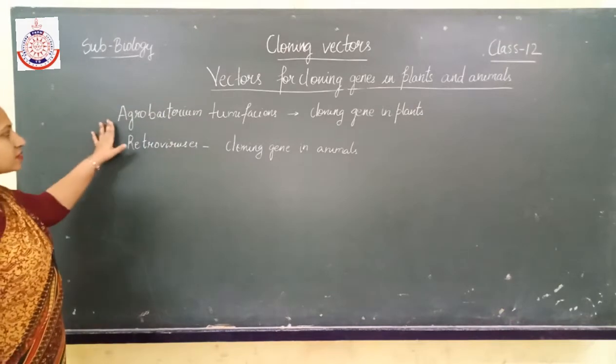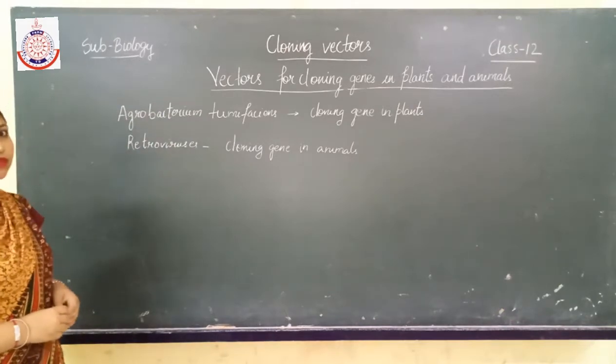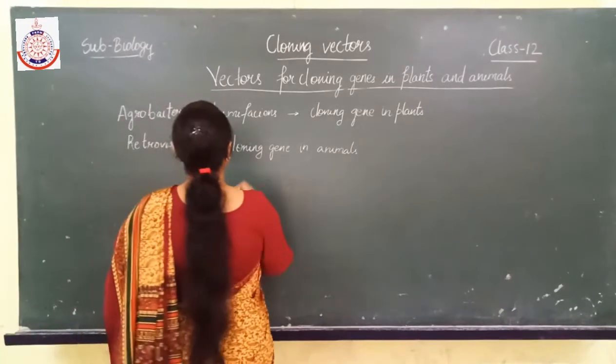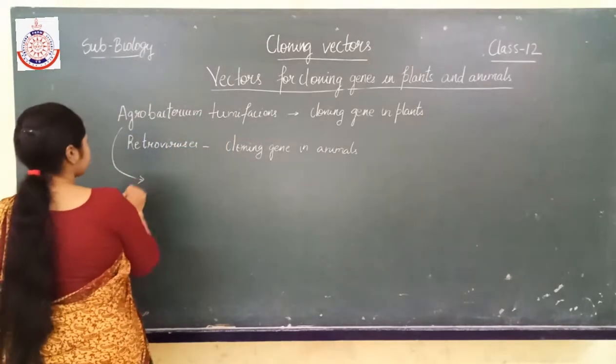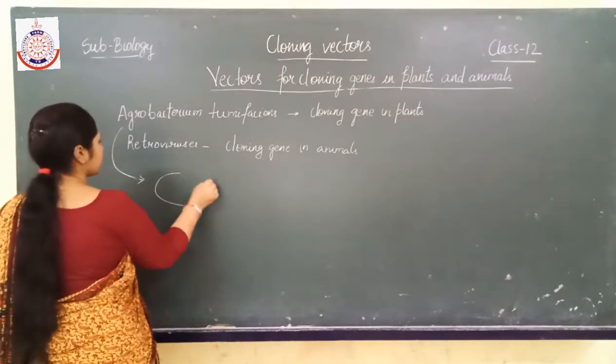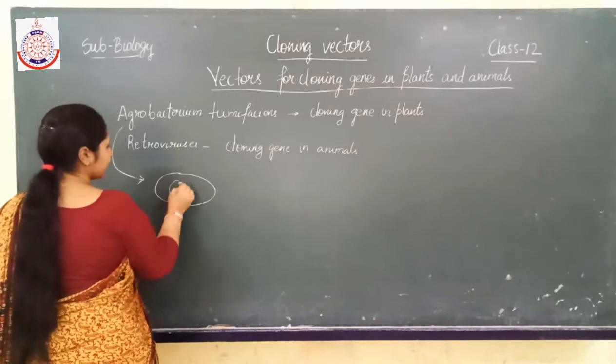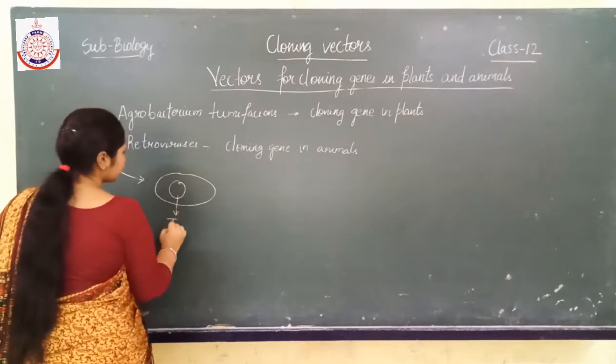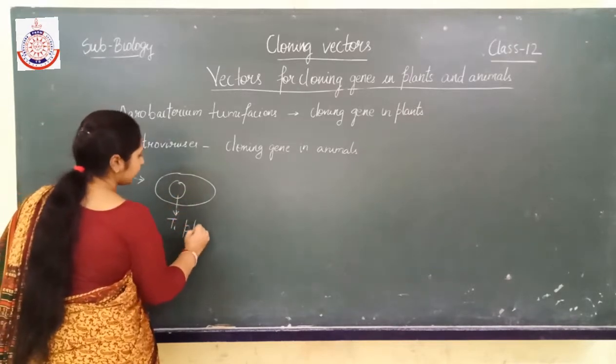Now first we will discuss Agrobacterium tumefaciens. This bacterium contains a plasmid, and this plasmid is known as Ti plasmid.